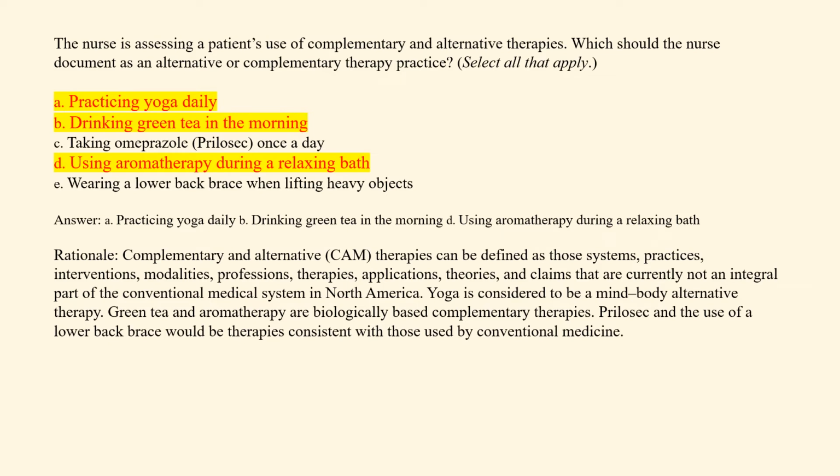Yoga is considered to be a mind-body alternative therapy. Green tea and aromatherapy are biologically based complementary therapies. Prilosec and the use of a lower back brace would be therapies consistent with those used by conventional medicine.